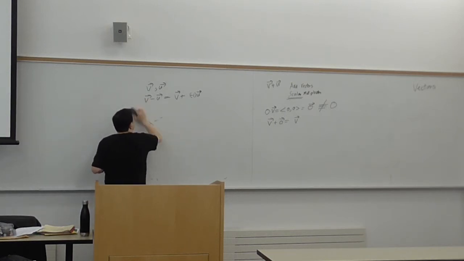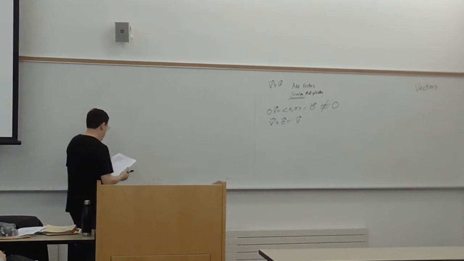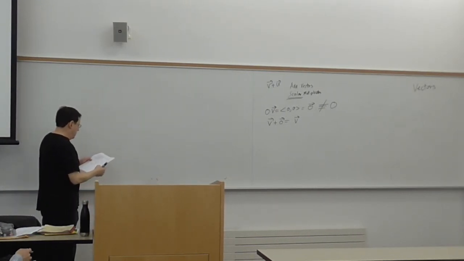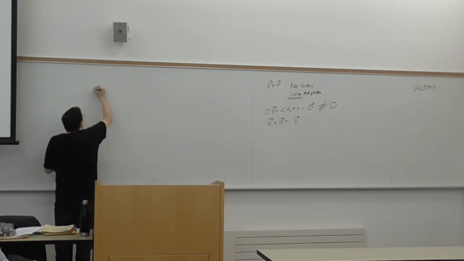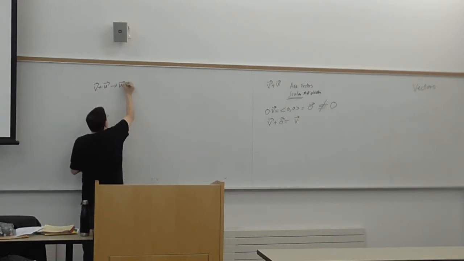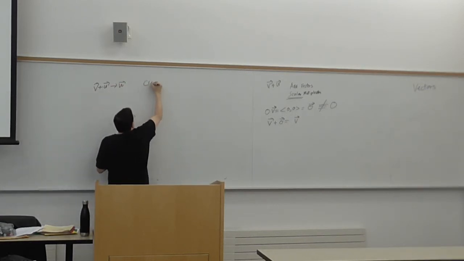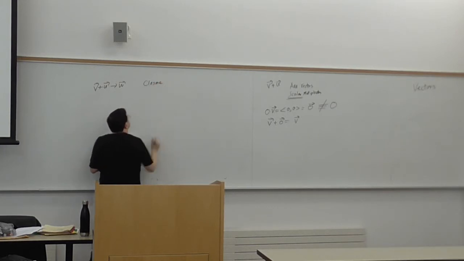And this is true, you can enumerate them. If I add two vectors, I get a vector. It's called the closure property.